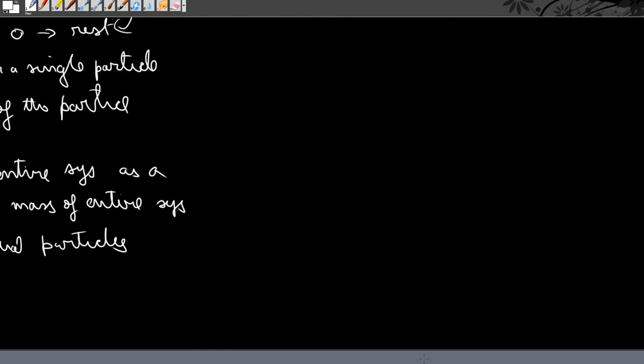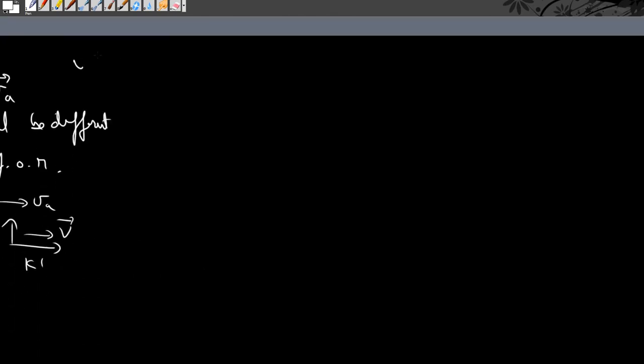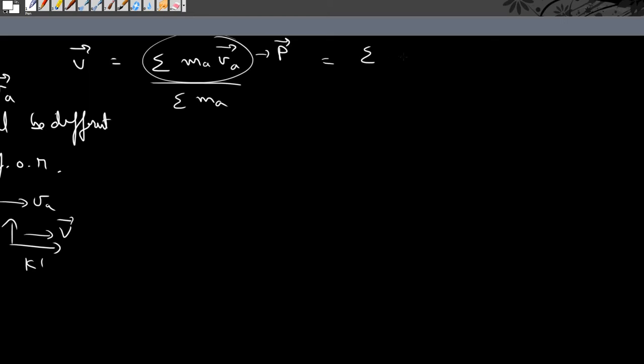Now one more thing, if you notice, is the following. Our V is given by summation m_a v_a divided by summation m_a, where the numerator is nothing but the total momentum P. This can be written as summation m_a d/dt r_a divided by summation over a of m_a.